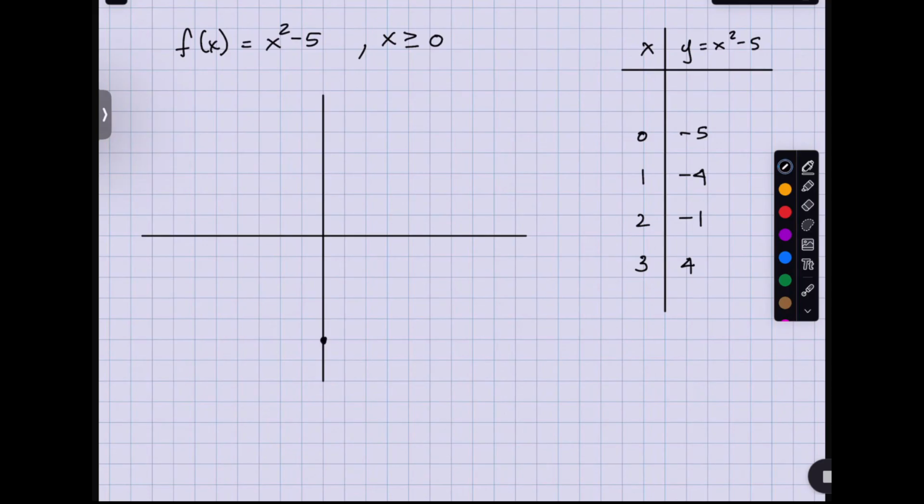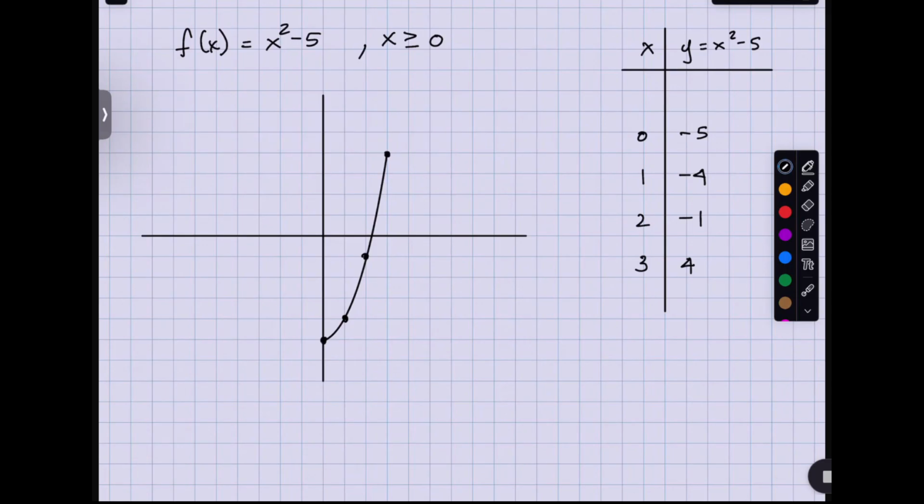Let's see. 1, -4. 2, -1. 3, 4. Okay. So there's my graph.